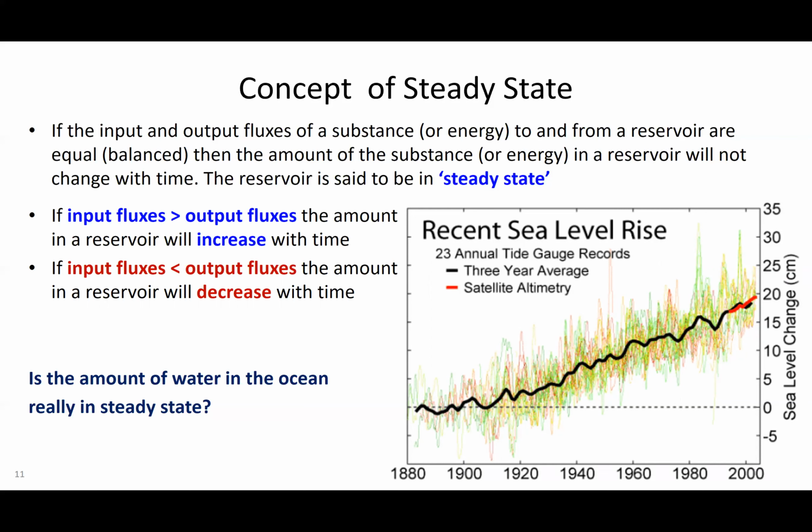But is that really true given a diagram like this? I would suggest you pause the video and have a think about what might be going on here. Is the ocean really in steady state given data like this? And what might be the reasons for this sea level change? Just have a think about that for a minute and then come back.